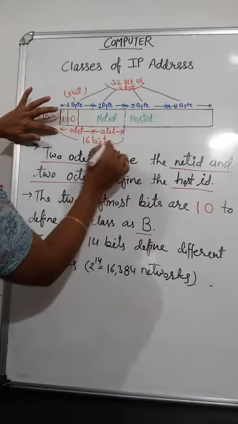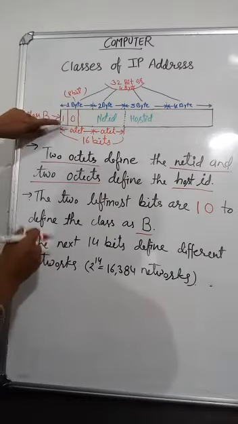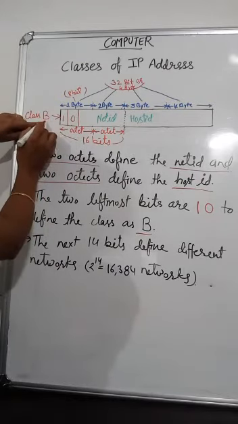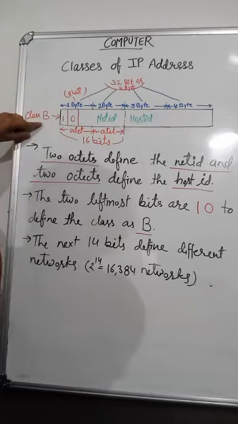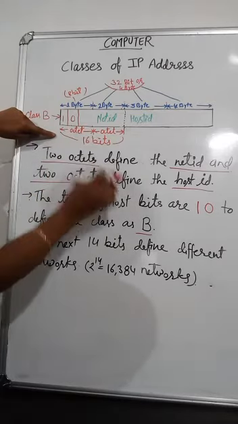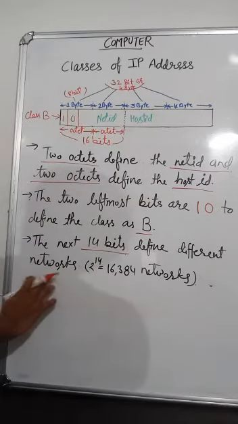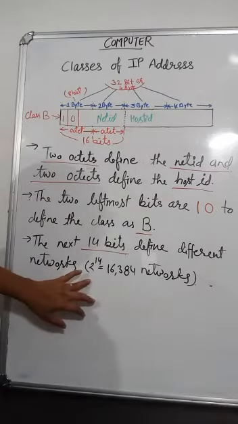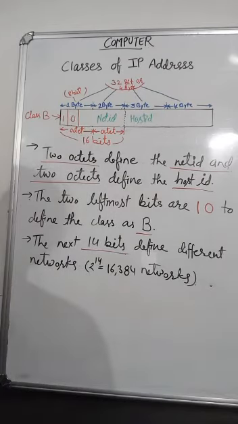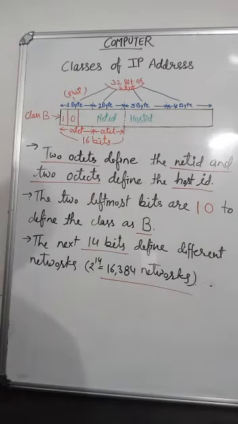In these 16 bits, 1 and 0 are reserved for the class B identification, and the remaining 14 bits define different networks. It means 2 to the power 14 networks, or 16,384 different networks. This is class B.